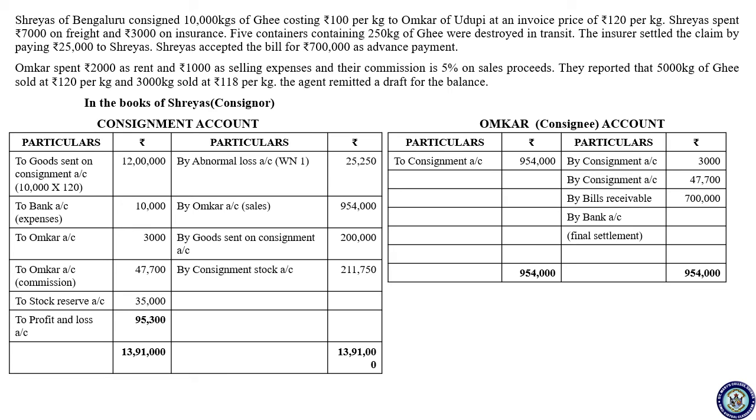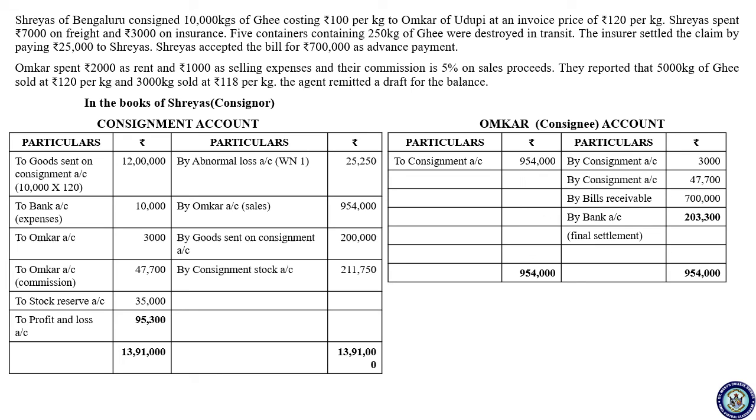So total 9,54,000. Difference 2,03,300. If you're done with this, then you draw the lines for abnormal loss account.